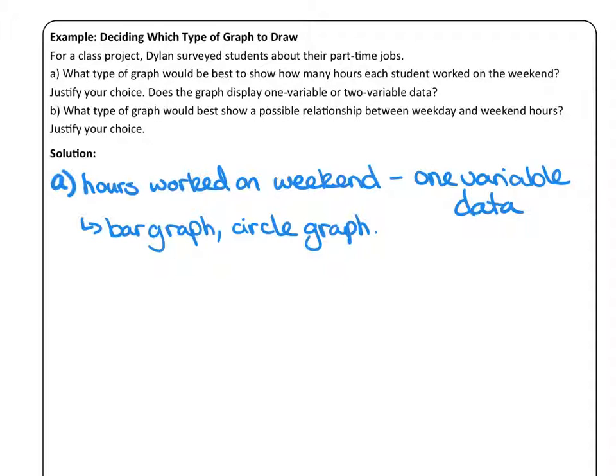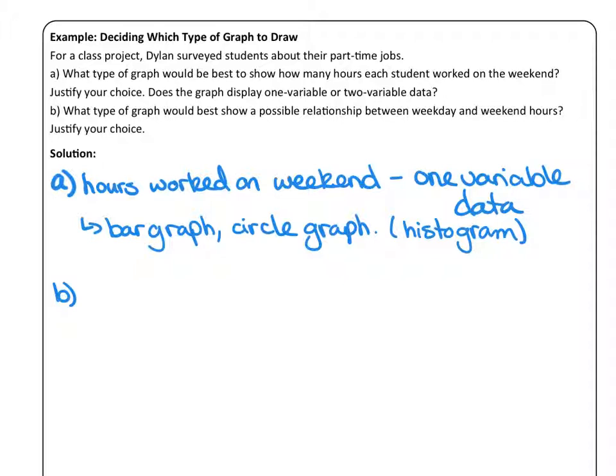If the hours have a very wide range, then I might consider a histogram. Again, it's hard to decide for sure until you actually see the data, but that is where I would go. So possibly a histogram, which would involve a tally chart and a frequency table. But again, we'd have to check to see.